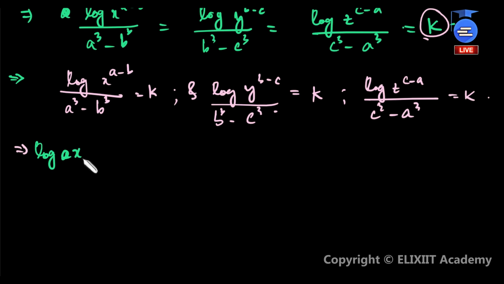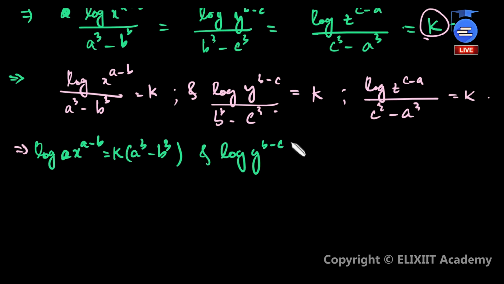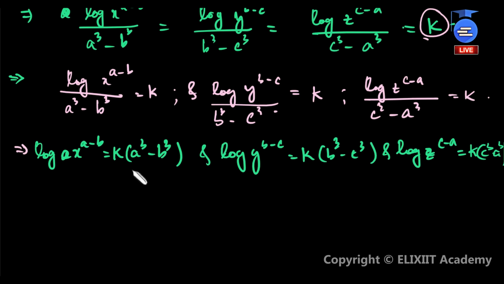Log x to the power a minus b is equal to k into a cube minus b cube. Log y to the power b minus c is equal to k into b cube minus c cube, and log z to the power c minus a is equal to k into c cube minus a cube. Now add 1, 2 and 3.